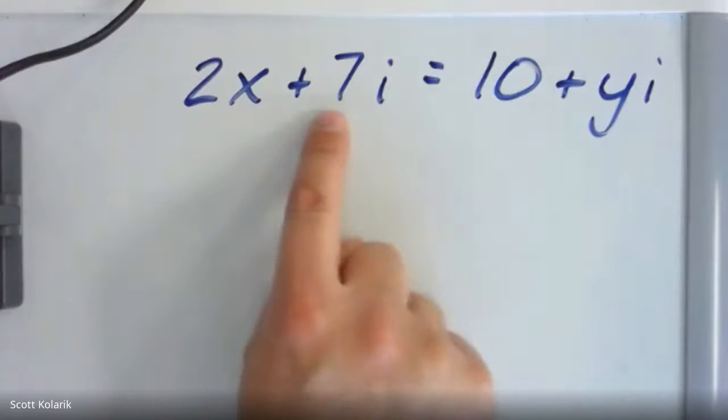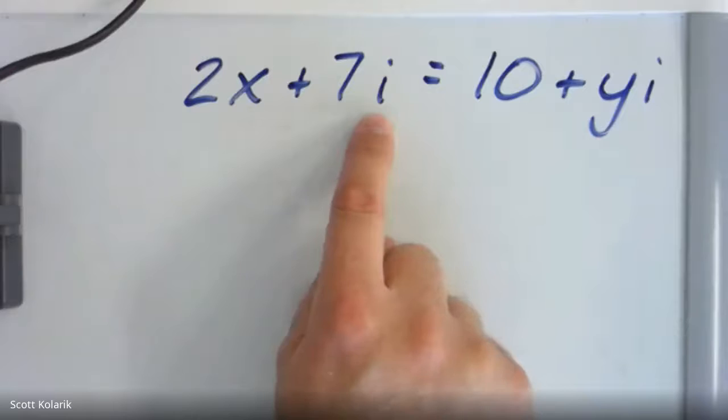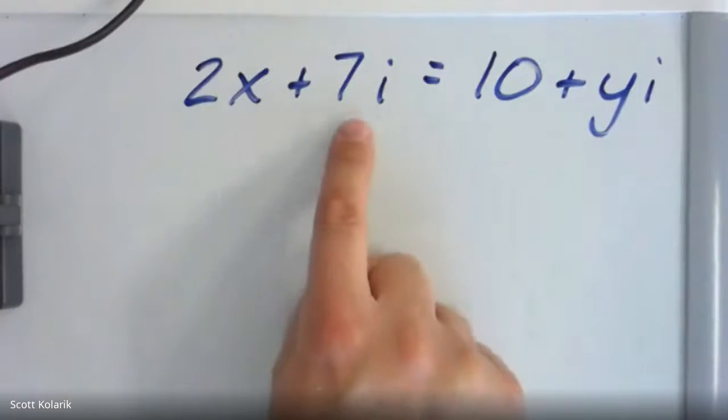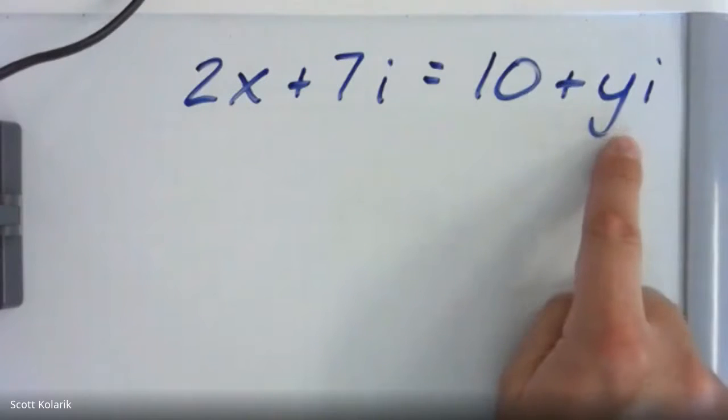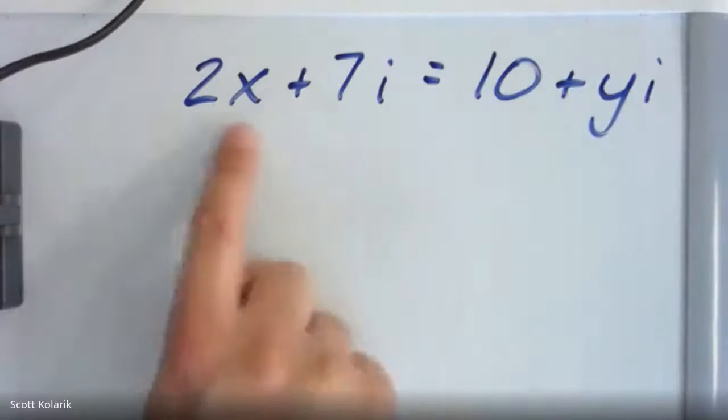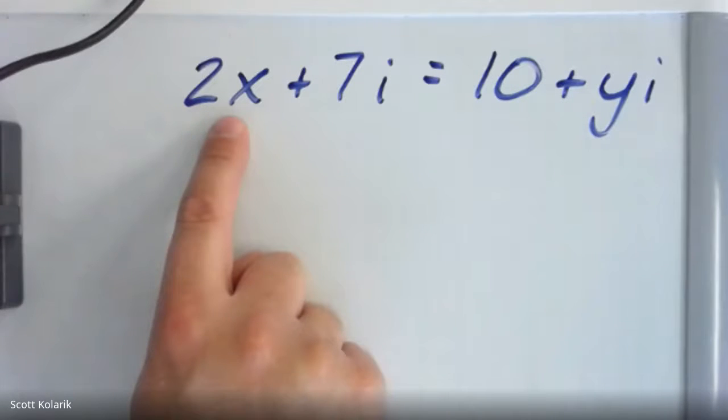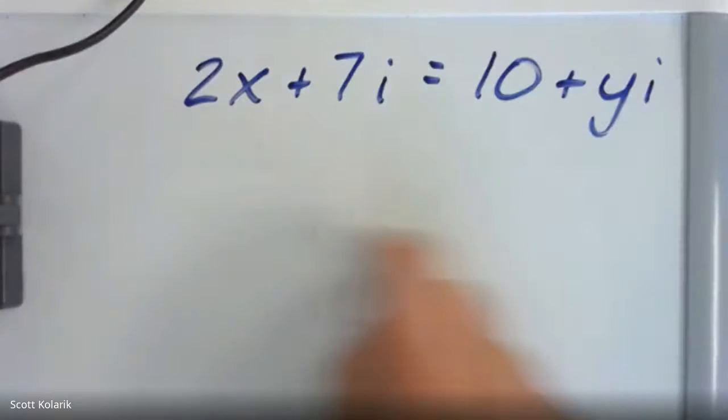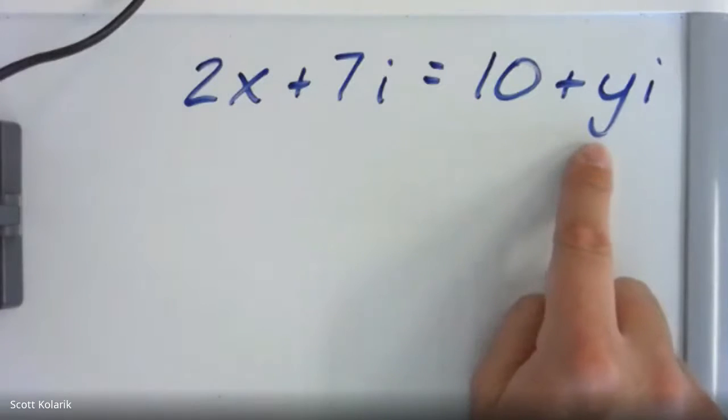And then I have some bi, some other real number, but multiplied by an imaginary. So this right here is an imaginary result, and we need to find what value this y has to be. But this ends up being just a very simple concept.